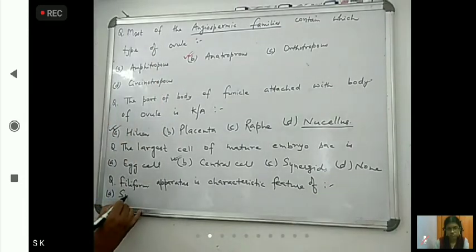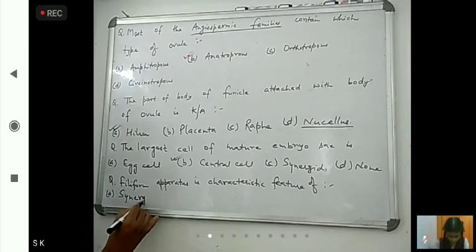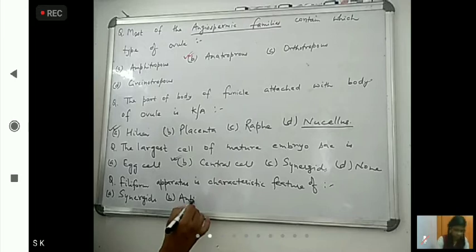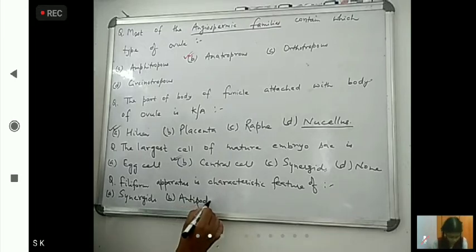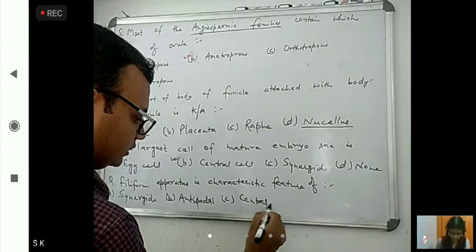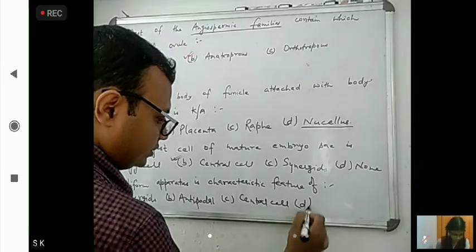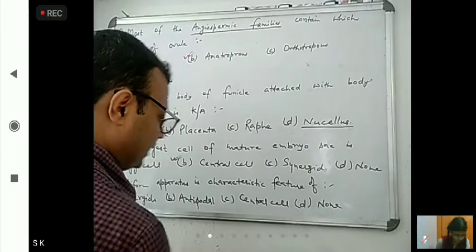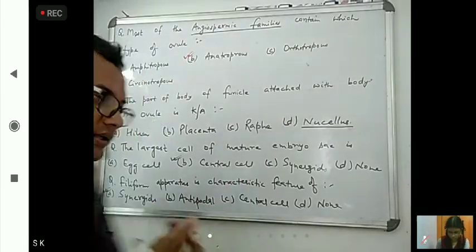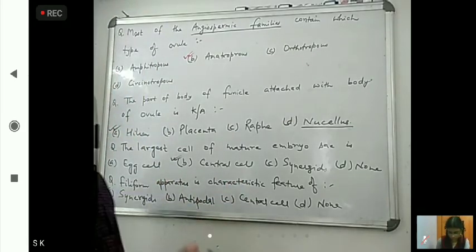First is synergids. Next is antipodal. Next is central cell. Next is none of these. So what will the answer? Yes, right. So it is synergids that contain finger-like structure, and that structure is known as filiform apparatus.